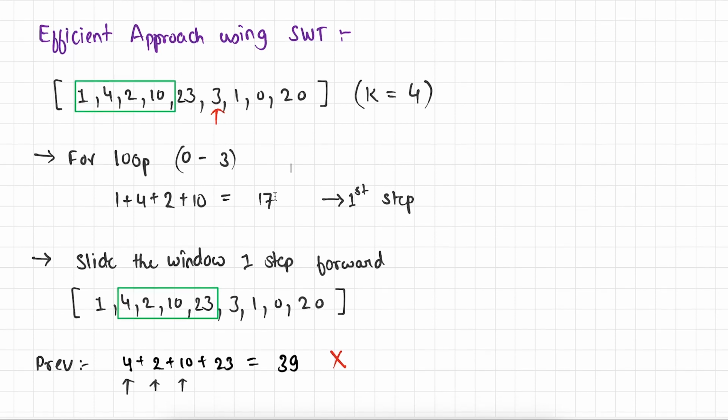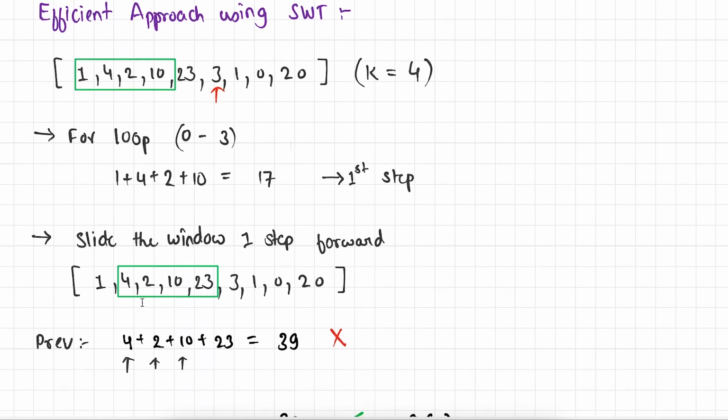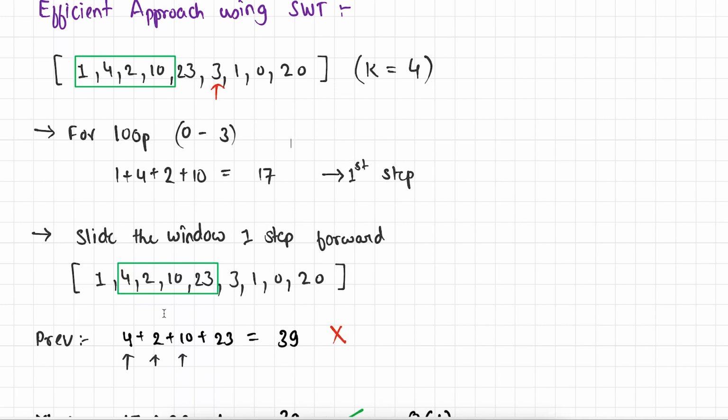Now moving on to the second step. The second step is we are going to slide this window by one step towards the right. Okay, so after sliding this window, the new 4 elements that fall under this window are 4, 2, 10 and 23. So as per the previous approach, we should be doing 4 plus 2 plus 10 plus 23 equal to 39, right?